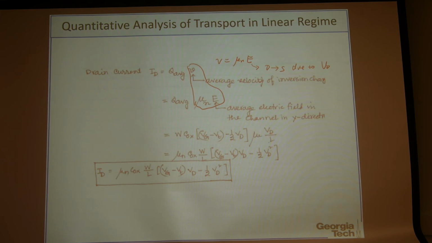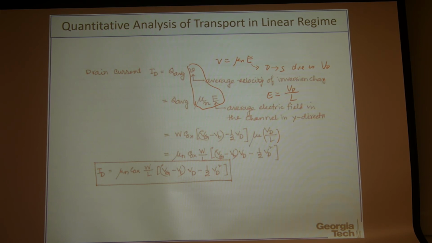So that is Vd divided by L. L is the distance between the source and drain. That is the channel length. And by definition, you know, electric field is the voltage over that distance.